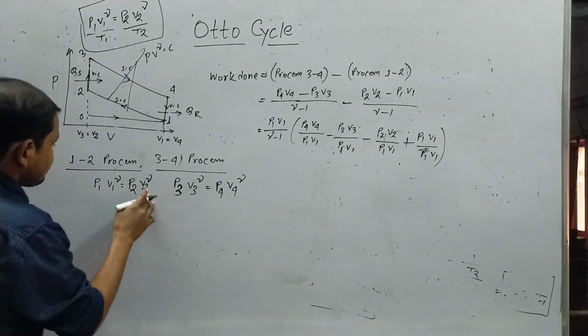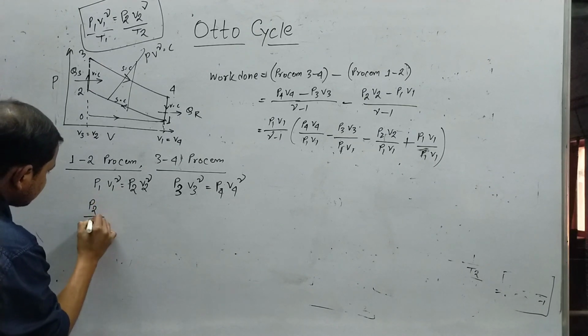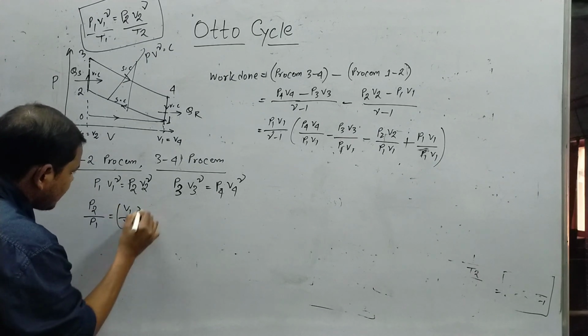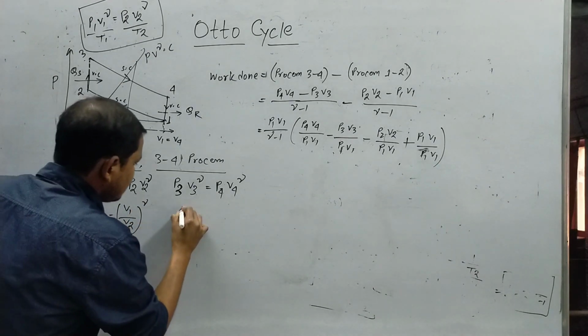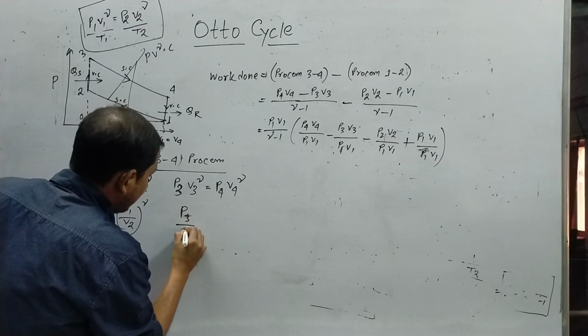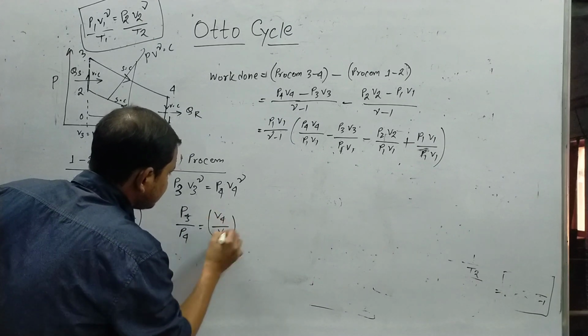From this we can write P2 by P1 is equal to V1 by V2 to the power gamma, and P3 by P4 is equal to V4 by V3 to the power gamma.